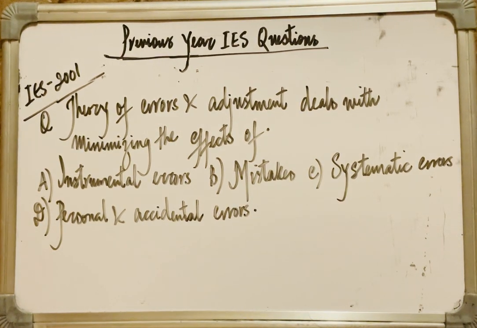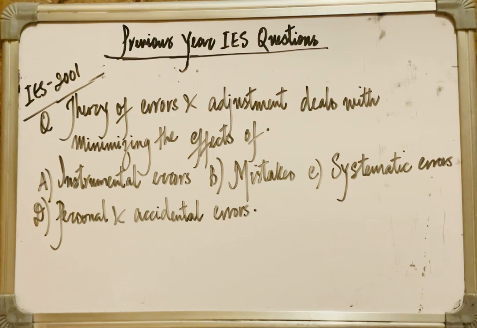So this question was asked in IES 2001. And the question is, theory of errors and adjustments deals with minimizing the effects of instrumental errors, mistakes, systematic errors, or personal and accidental errors.